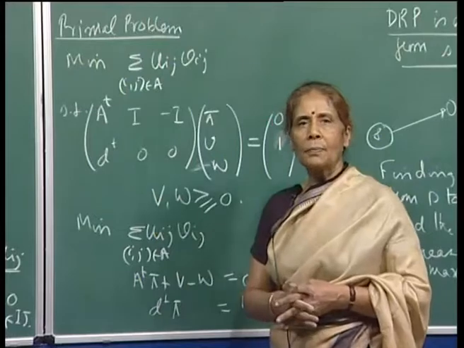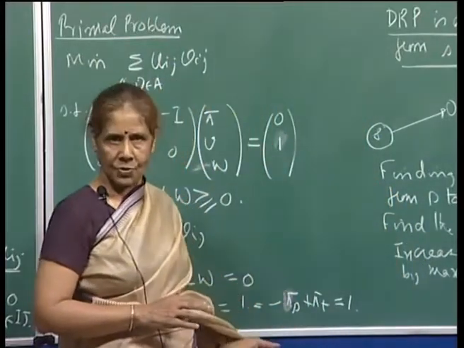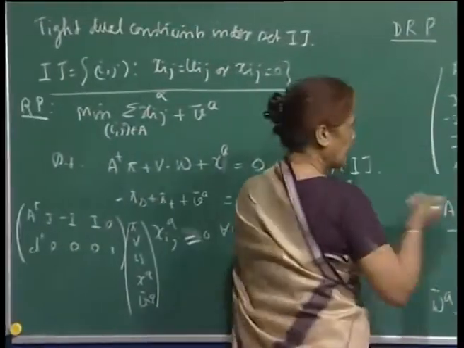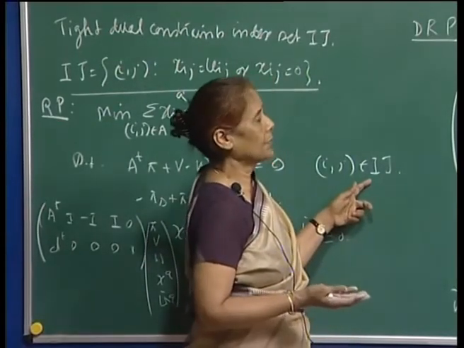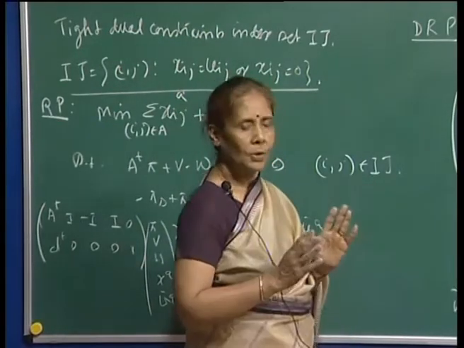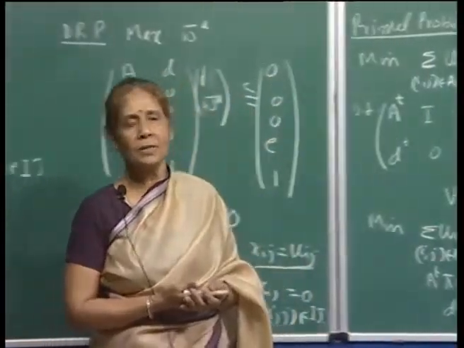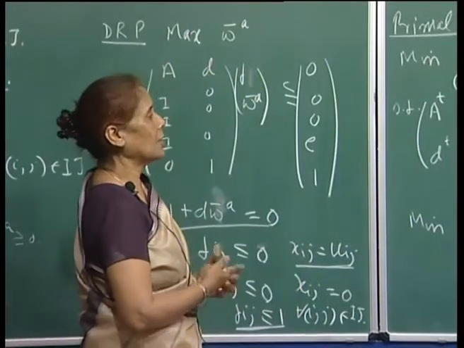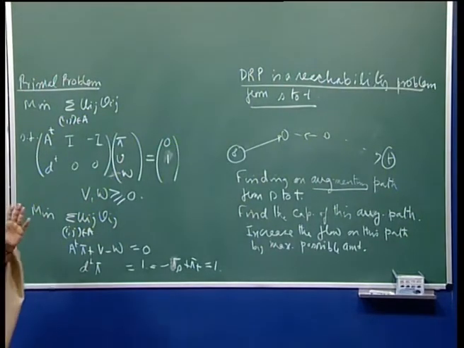Then you find the capacity of the augmenting path, increase the flow, and update your dual solution. Then you will have your new IJ, and you will again define a restricted dual problem and try to find an augmenting path. Because your objective is to maximize the flow in the network, you will go on doing this till you cannot find an augmenting path.